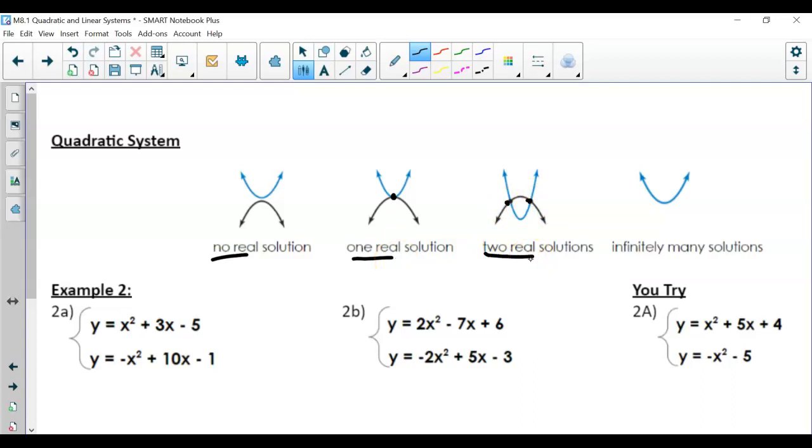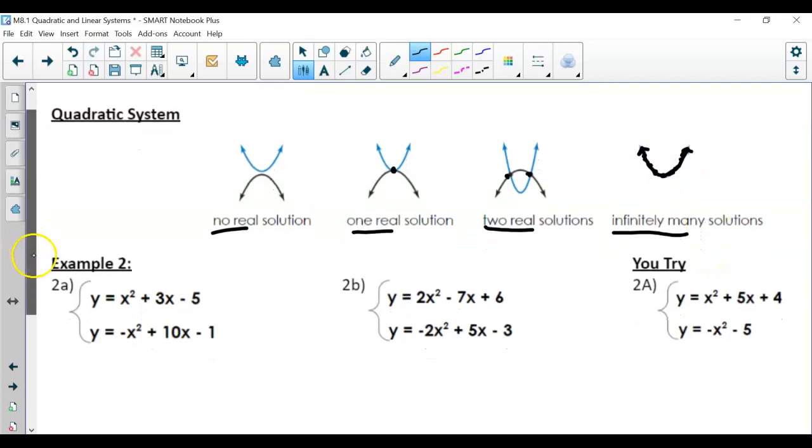Now because we're dealing with 2 parabolas, rather than a parabola and a straight line, if you graph and they both overlap, so it looks like this is one, but the other is laying on top of it, they are the exact same, then we have infinitely many solutions because they're crossing at all of these points. So now we could have infinitely many.